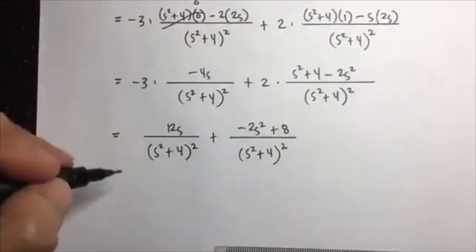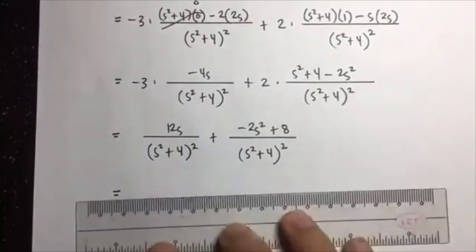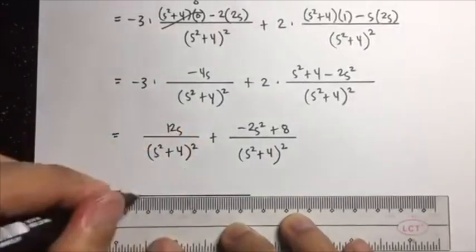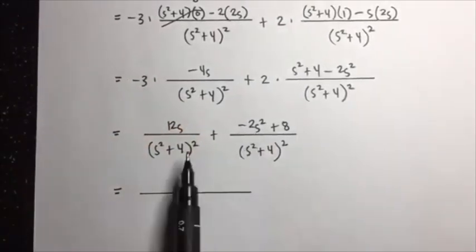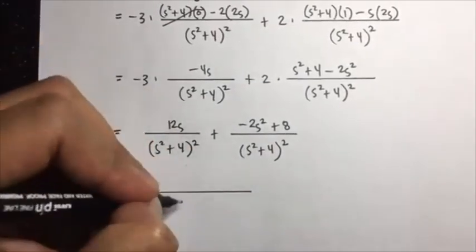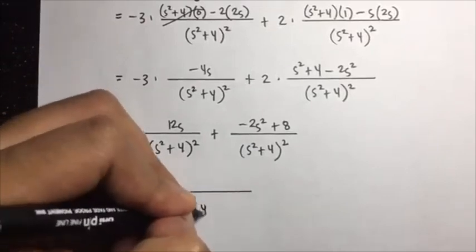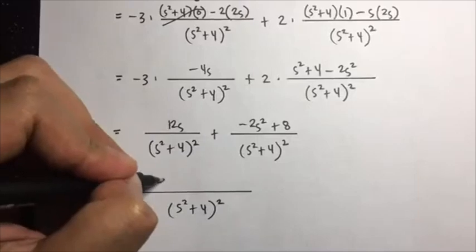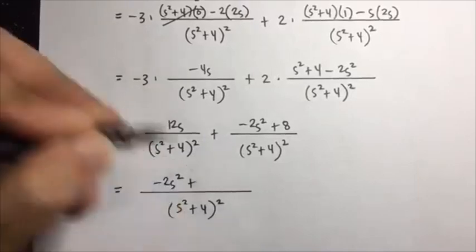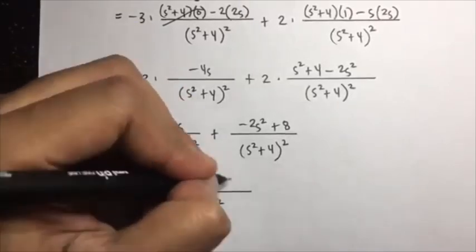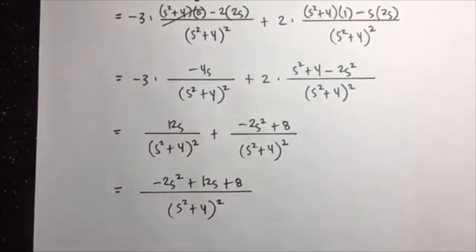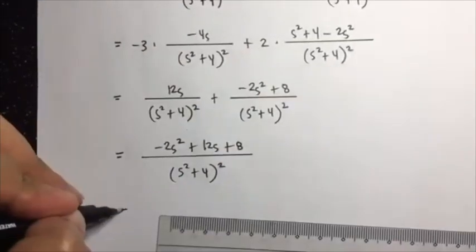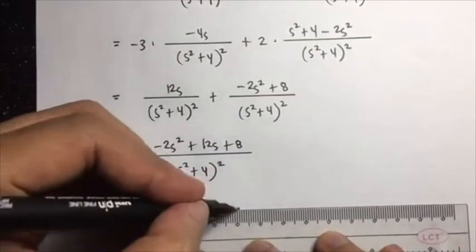Since they have similar denominators, we can add them directly. Then rearranging, copy the denominator, s squared plus 4 squared, so we have negative 2s squared plus 12s plus 8. Or you can factor out negative 2, so it's up to you.